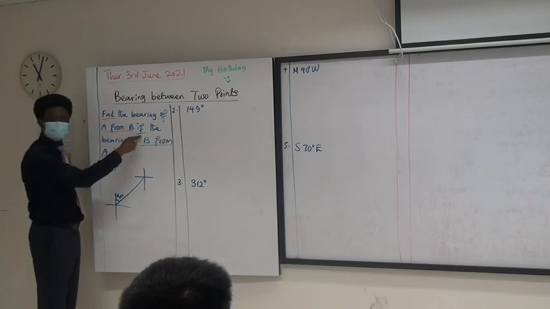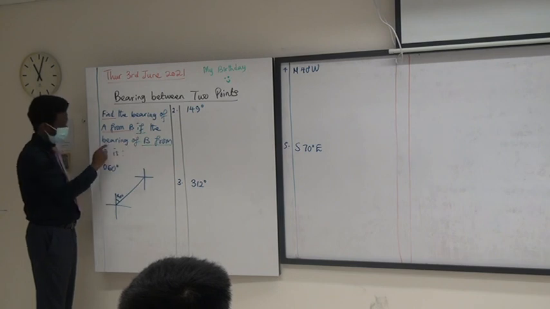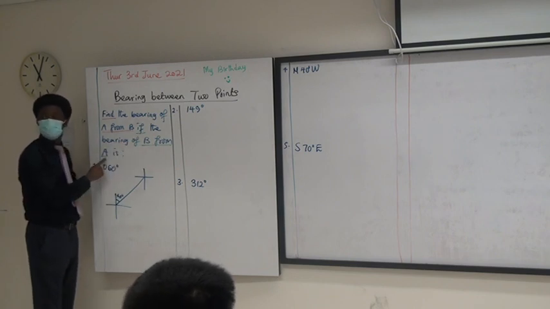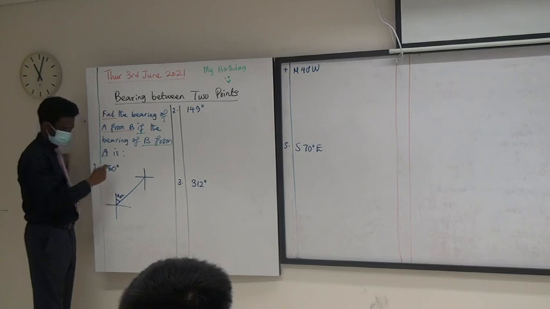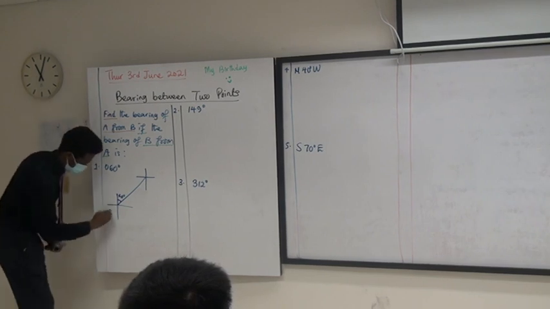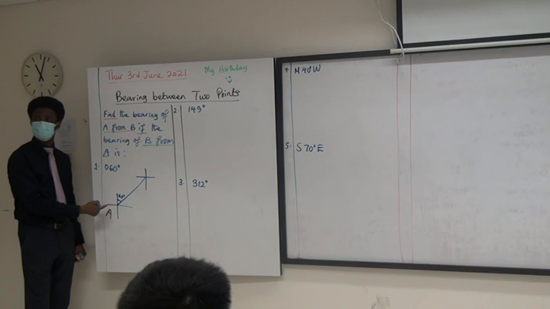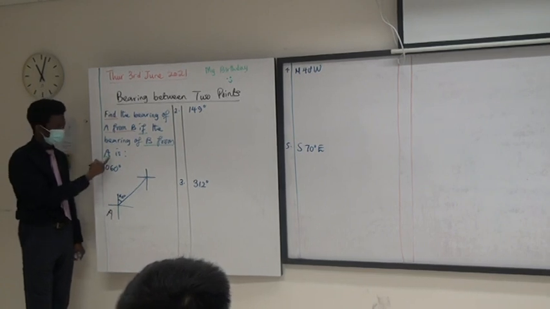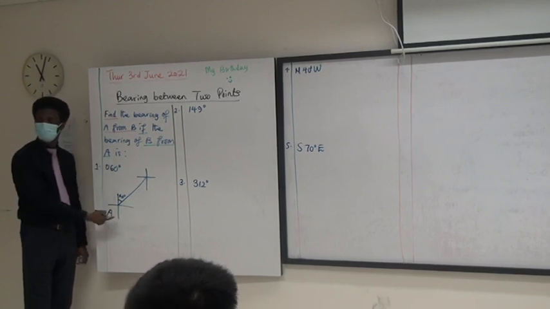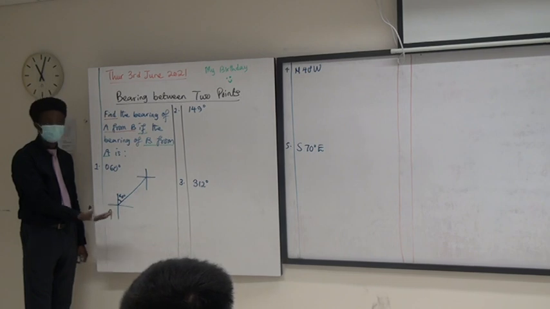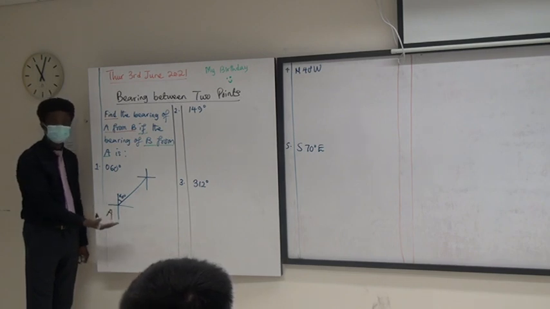"If" means what you have been given in the question. If from A is given, from A, so this must be your A. That's what is given. This 60 degrees is from A. Does that make sense?